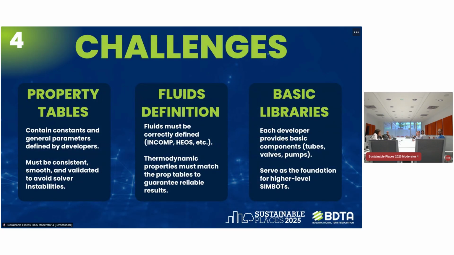Then another challenge part is the structural challenges we discovered in the Symbots. First, property tables. This is related with the slides we saw with the code. They contain all the constants and general parameters defined by the developers.